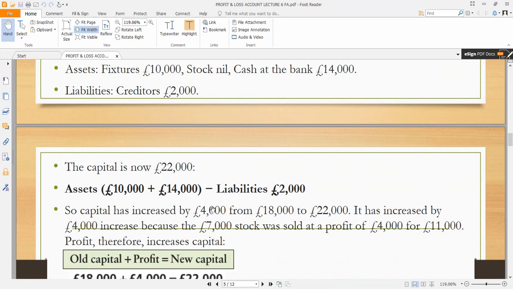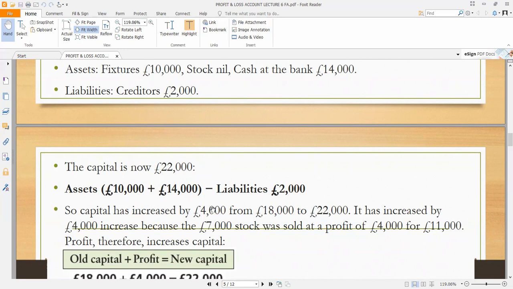It has increased by 4,000 because the 7,000 pound stock was sold for 11,000, a profit of 4,000 pounds. Therefore, we've got an increase in capital.